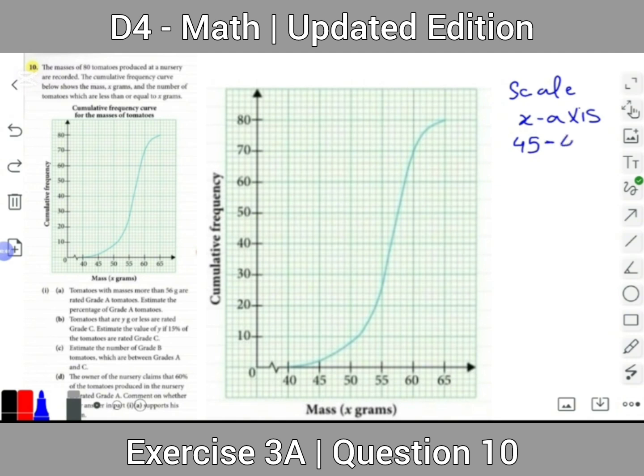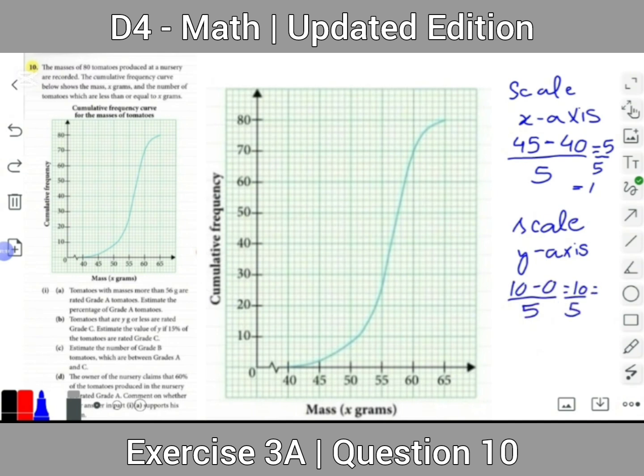So 45 minus 40 divided by 5 is 5 over 5, which equals 1. Now the scale along the y-axis will be 10 minus 0 divided by 5, which is 10 over 5, so it gives us 2. So each square unit along the x-axis is equal to 1 and each square unit along the y-axis is equal to 2.